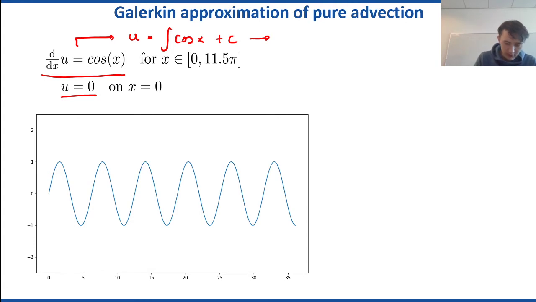So that means that u is going to be equal to the sine of x plus a constant, and that constant is going to be 0 due to the boundary condition. And that's the function that we're seeing here already in the graph. That's going to be the true solution. So this is the real solution u.